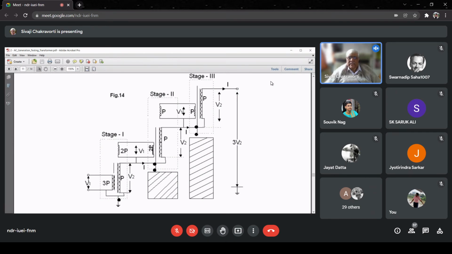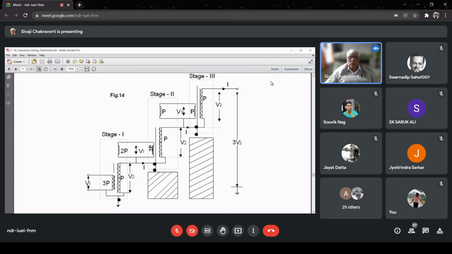And since the secondaries are all in series, with respect to ground, which is the terminal of stage 1, the output terminal will get 3V2. That means 750 kV. But our transformers are all 250 kV and they are connected in series. The only very important point to note is that typically one terminal of the high voltage winding is always earthed, and stage 1 is definitely earthed.